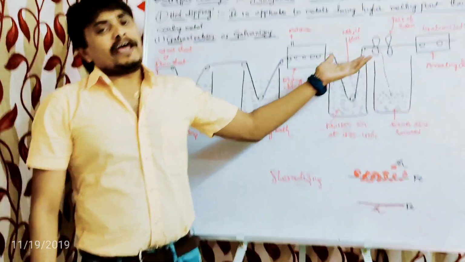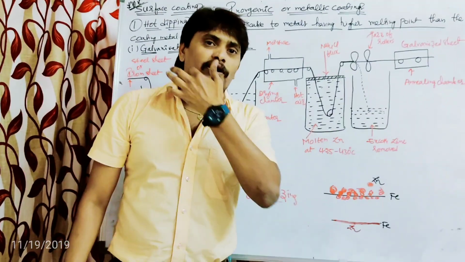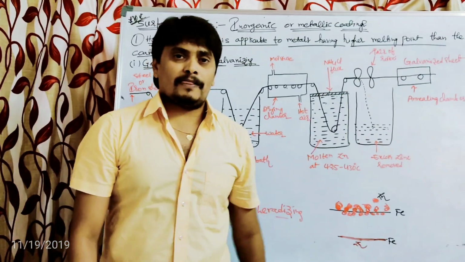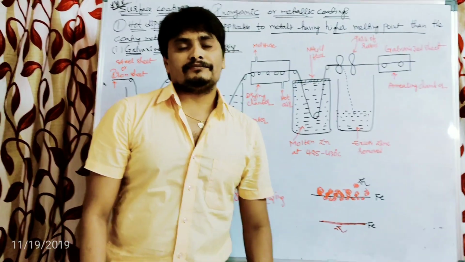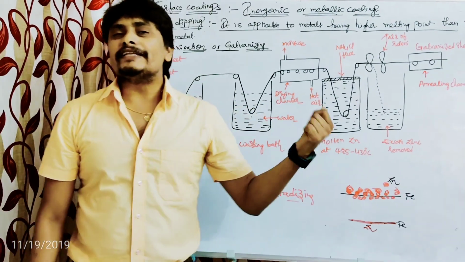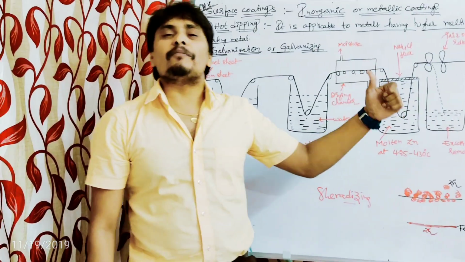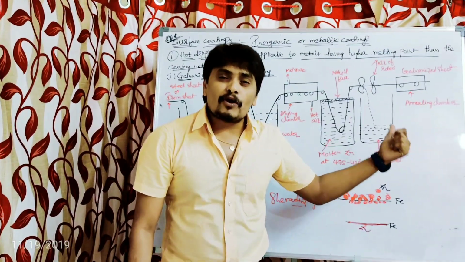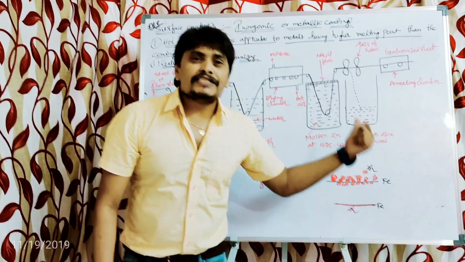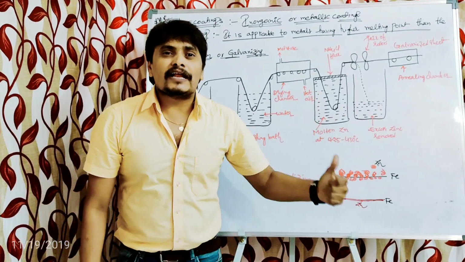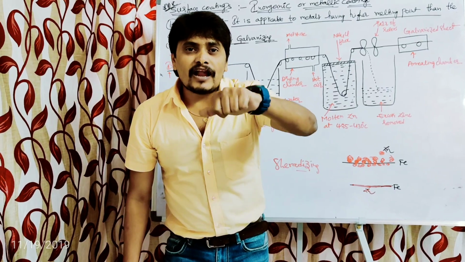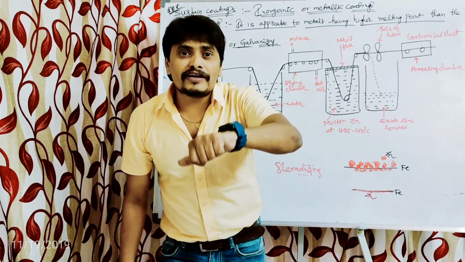And these galvanized sheets cannot be used for making the kitchen utensils in which the food is preserved. Why can the galvanized sheets not be used for making the kitchen utensils in which the food is preserved, students? Because in the galvanized sheets, the coating metal is the zinc, and the zinc will undergo dissolution in the sulfuric acid.